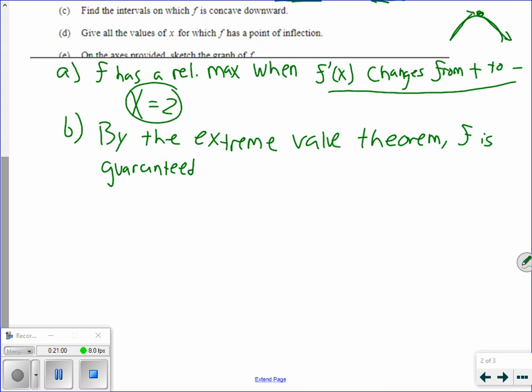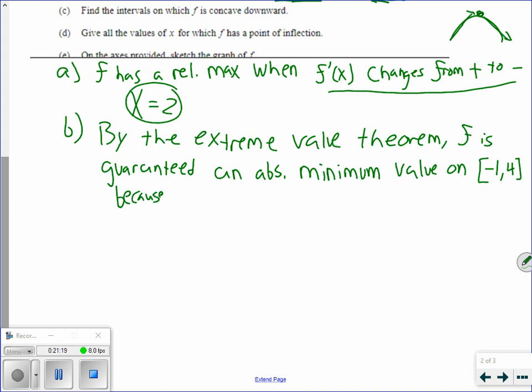By the extreme value theorem, f is guaranteed an absolute minimum value on the closed interval -1 to 4 because it is continuous and differentiable for all x on the interval.